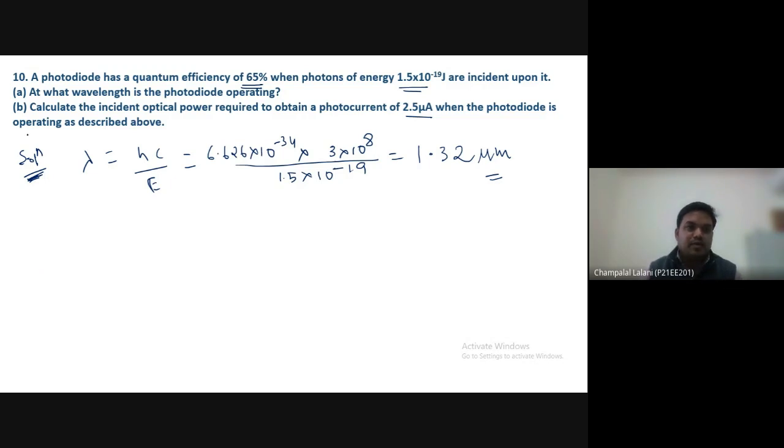So the next part of the question, you need to calculate the incident power required to obtain a photocurrent of this ampere when the photodiode is operating as described. Part A, part B. Can anyone give me some idea how to solve this part B of the question? Any idea about this?